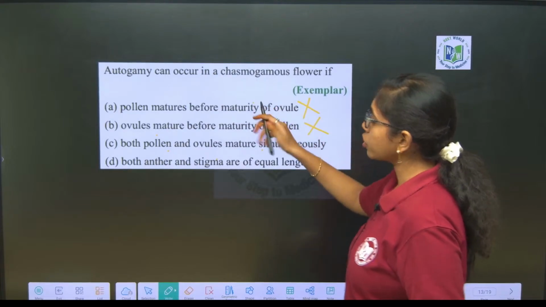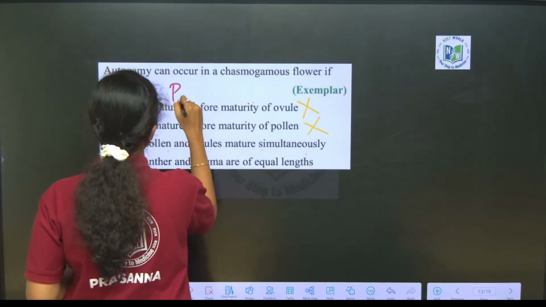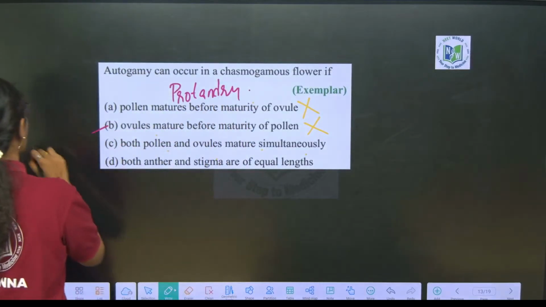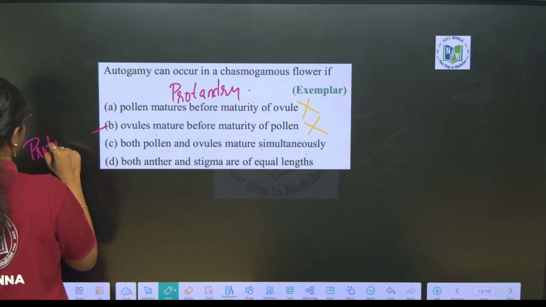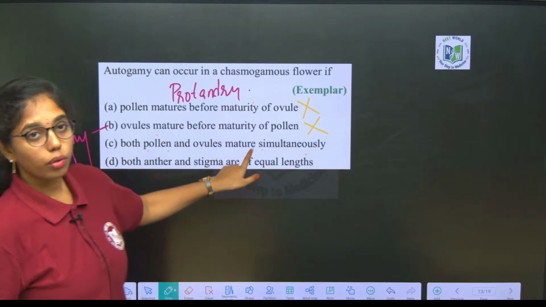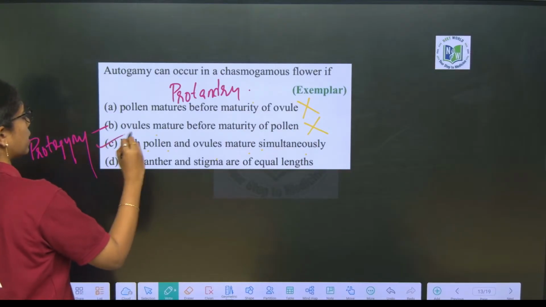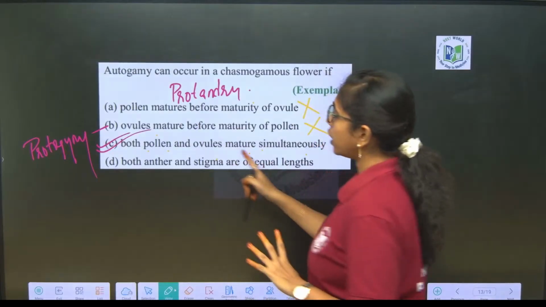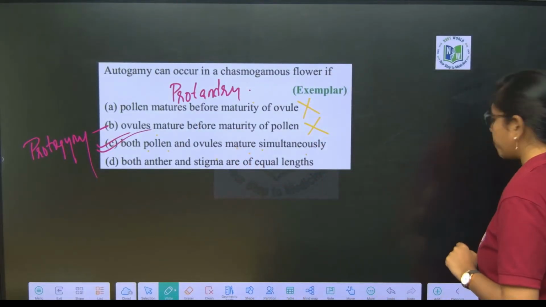This phenomenon is called what? Protandry, and this phenomenon is called what? Protogamy. Fine. So both pollen and ovules will mature simultaneously in chasmogamous flowers, then only autogamy is possible.